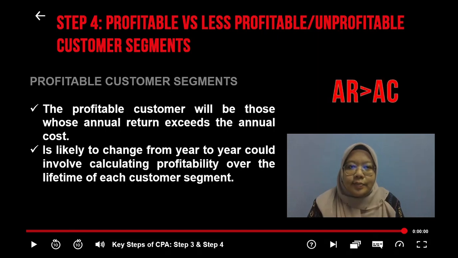The less profitable generate less annual revenue, while unprofitable customer segments will either break even between annual revenue and annual costs or make a loss. The profitability of customer segments is likely to fluctuate from year to year. Thus, a more precise analysis could be implied in calculating profitability over the lifetime of each customer segment.